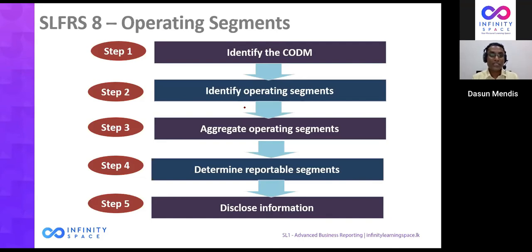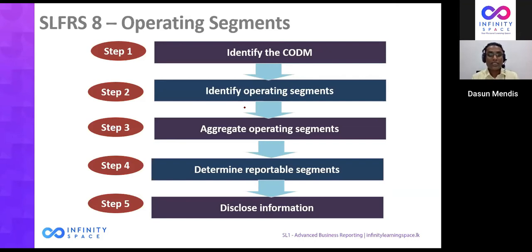Then in step number 3, based on the similarity in economic characteristics, risk factors, and many other factors, you aggregate these operating segments. Maybe these 15 identified operating segments can be aggregated into, let's say, 5 to 6 segments.